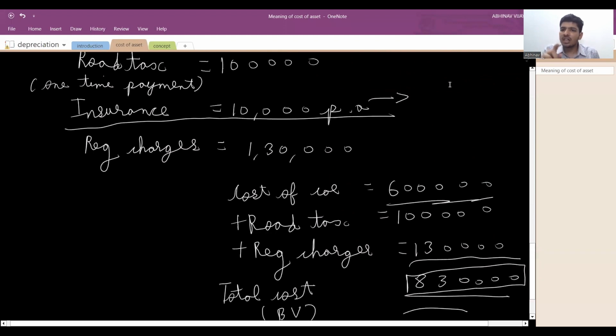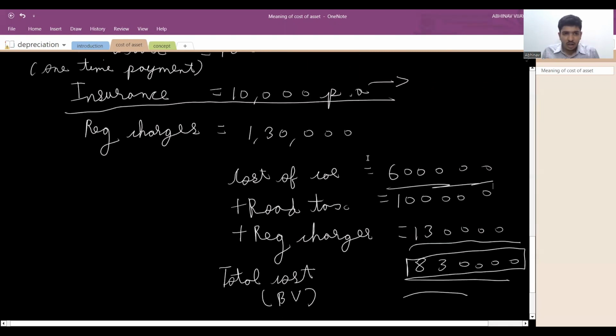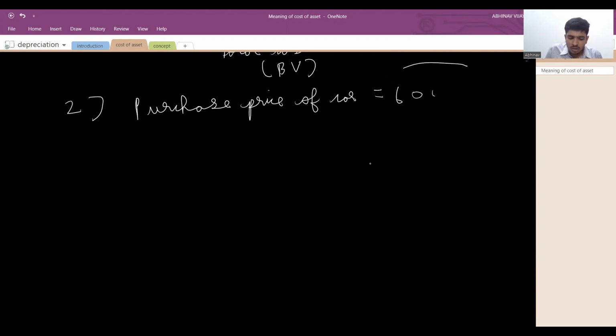Okay. Now, another case for complete clarity. I'll give you another case to understand every single point you have a doubt in right now. I've been through your step, so I exactly know what doubt will arise when. Now, second case. Purchase price of car 6 lakh rupees.